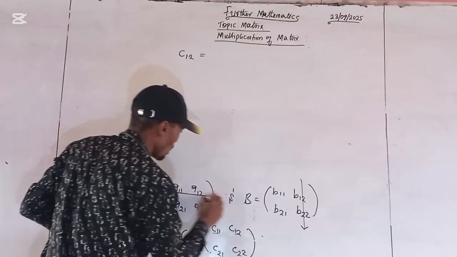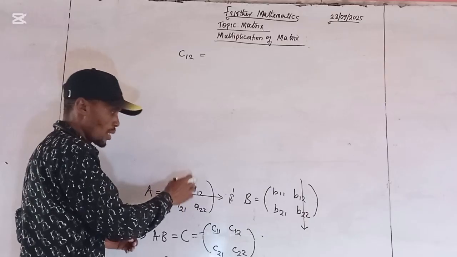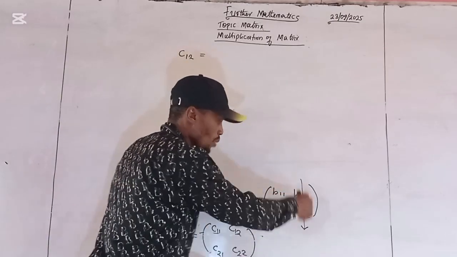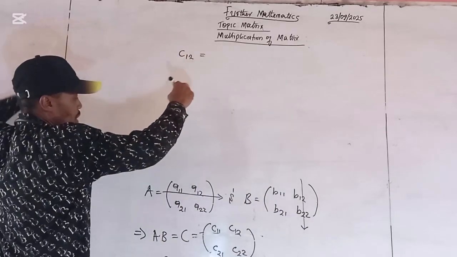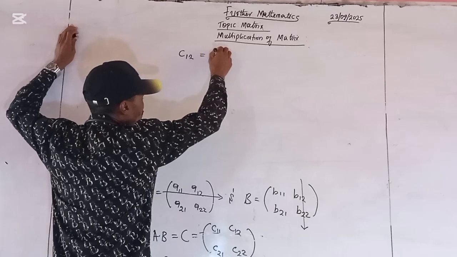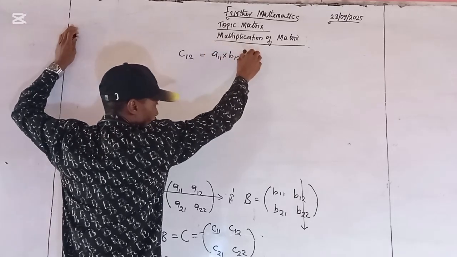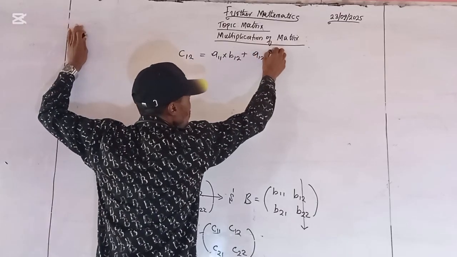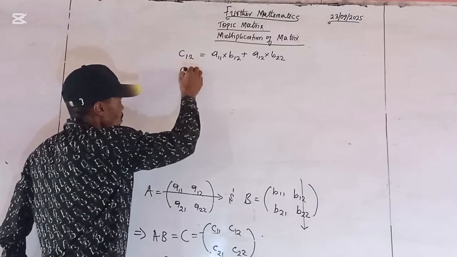Sorry, it should be A11, A12 multiplying B12, B22. So let's establish that, and that will be A11 times B12 plus A12 times B22.